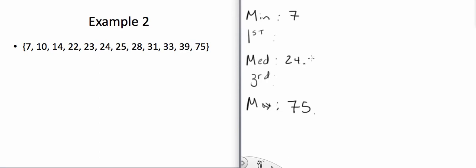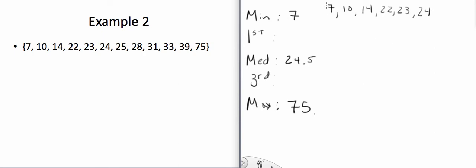This is the same example that we did the other day. That's why I'm going through this part a little bit quicker. Now I'm looking for the first and third quartiles. Do you notice that this 24.5 was the average of these two values? Instead of crossing out a number, when I write my first half of numbers, my first half is 7, 10, 14, 22, 23, and 24.